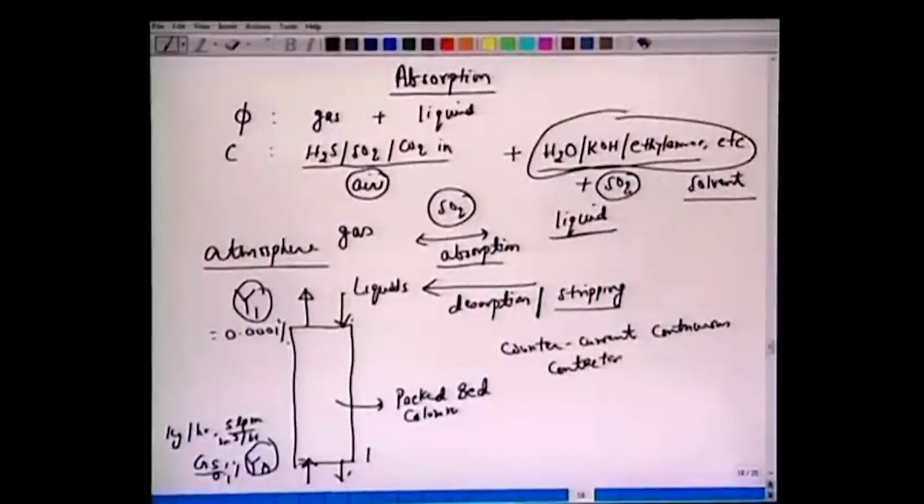We can also have co-current, but this is the most common and most advantageous. We discussed earlier that counter current continuous contactor has large driving force, larger than co-current. As a consequence, the height of the column is smaller in this case. So, again we will come back to those details later.